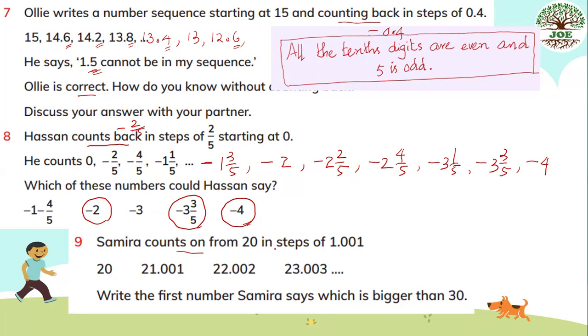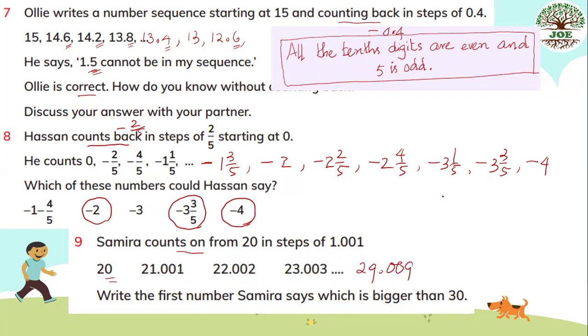Number 9, Samira counts on from 20 in steps of 1.001. So her sequence is 20, 21.001, 22.002, 23.003. Write the first number Samira says which is bigger than 30. Let's check 29.009.